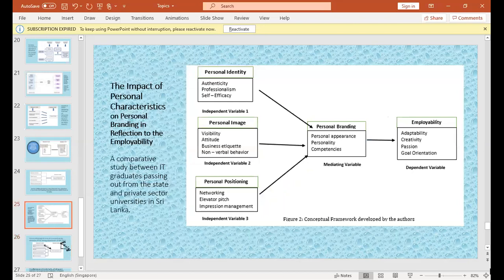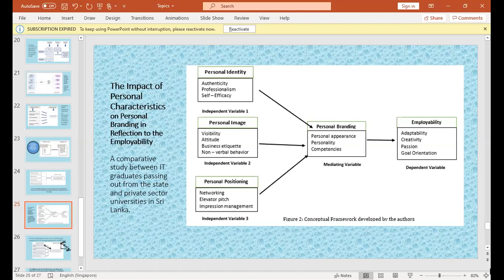Now if I say this, what is the unit of analysis? We correlate the employability of each graduate with the personal characteristics of that graduate. Is it clear? Are you there?